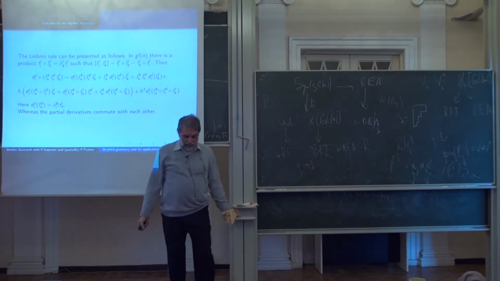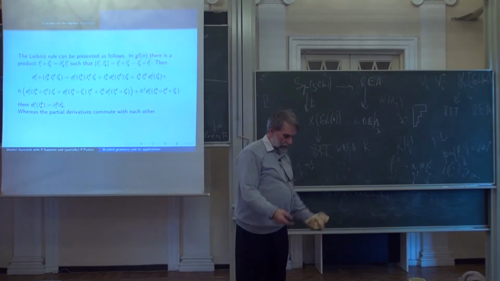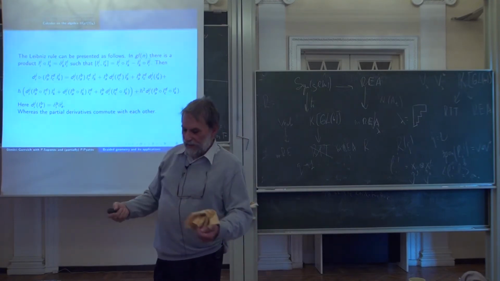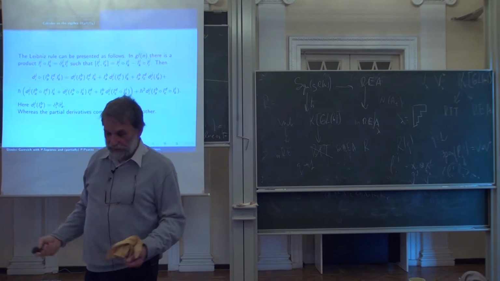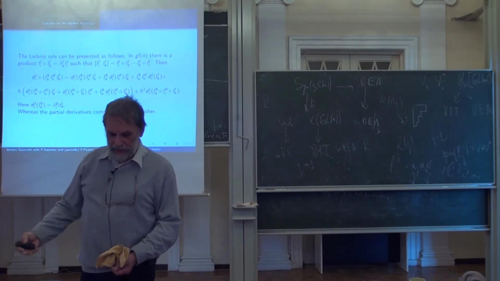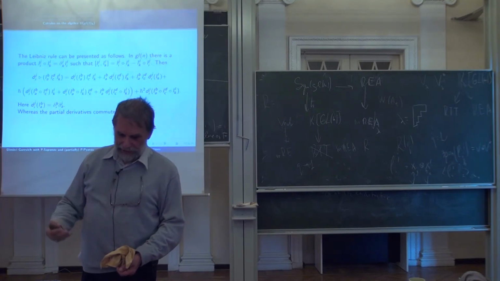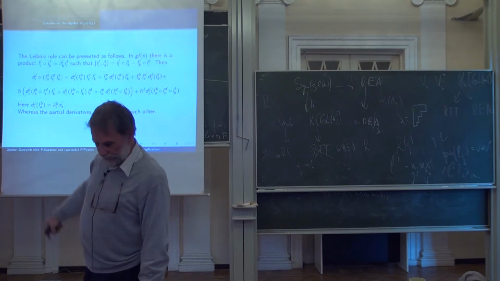So you see, it is not the usual Leibniz rule. If you want to construct differential calculus by preserving the common Leibniz rule, it is not possible to construct an algebra which would be a deformation of the usual differential calculus. With a deformed Leibniz rule, it is possible.